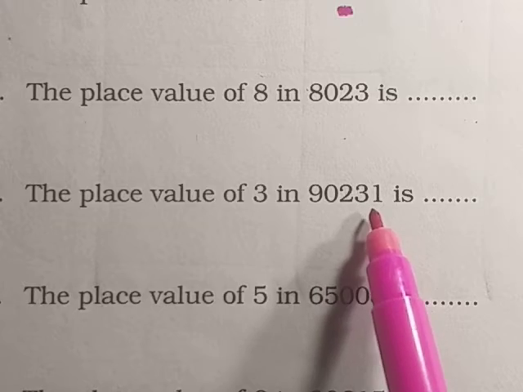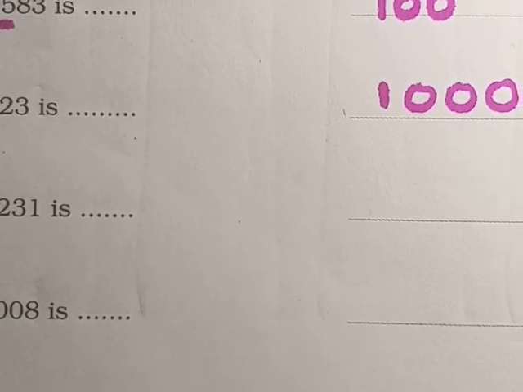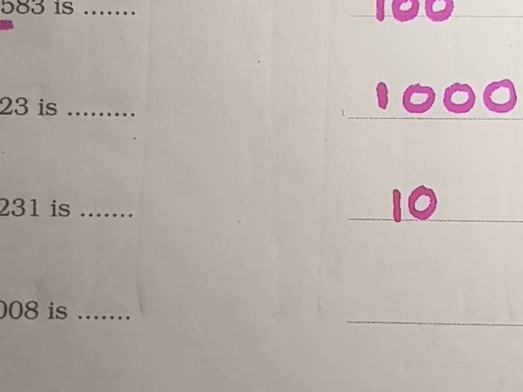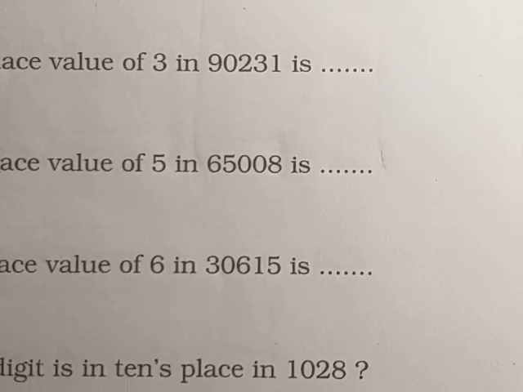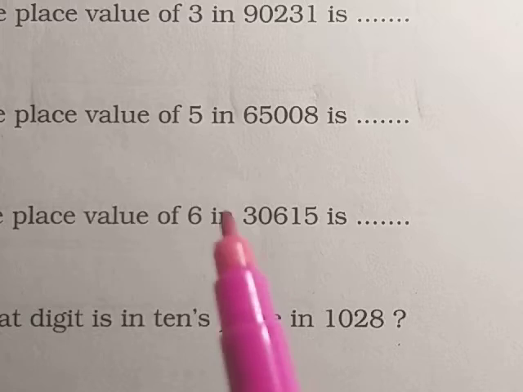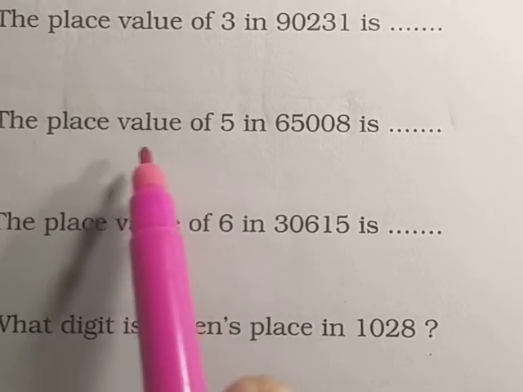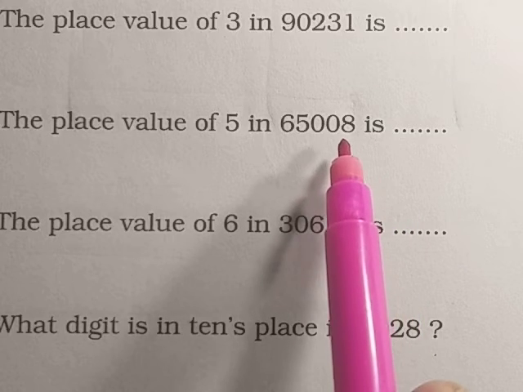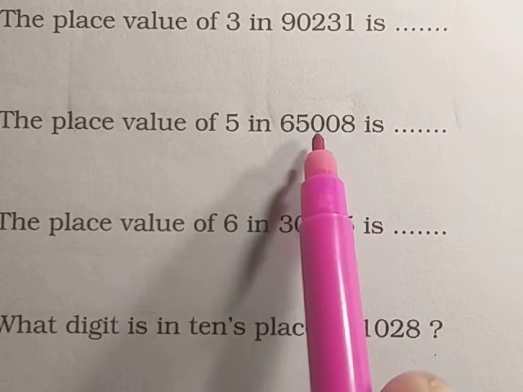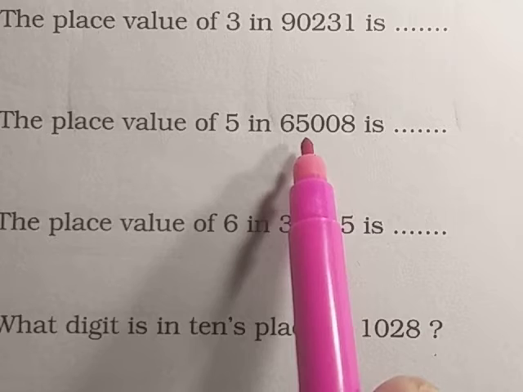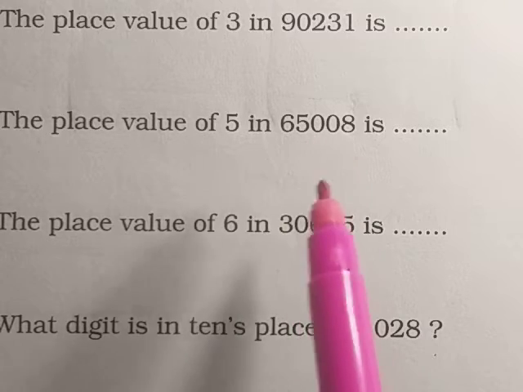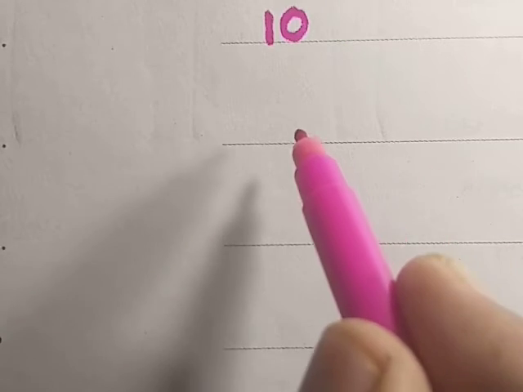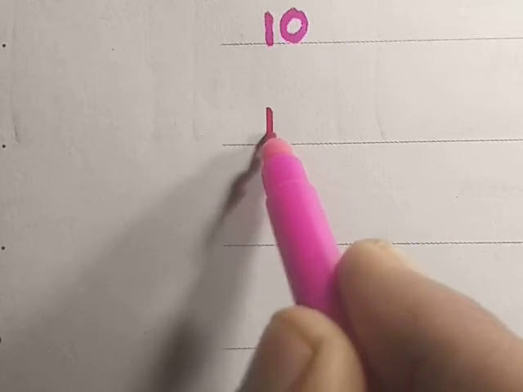Because 3 is in tens place, therefore our answer must be 10. And the place value of 5 in 65,008: unit place, tens place, hundred place, thousand place. Therefore, 5 is in thousandth place, and hence we write its place value is 1000.